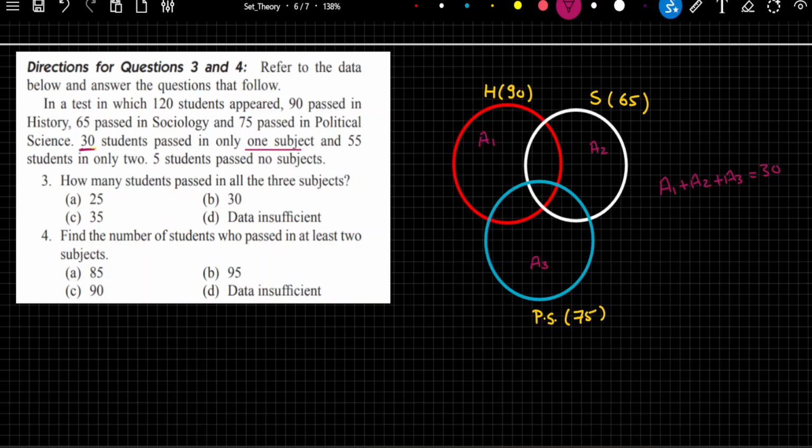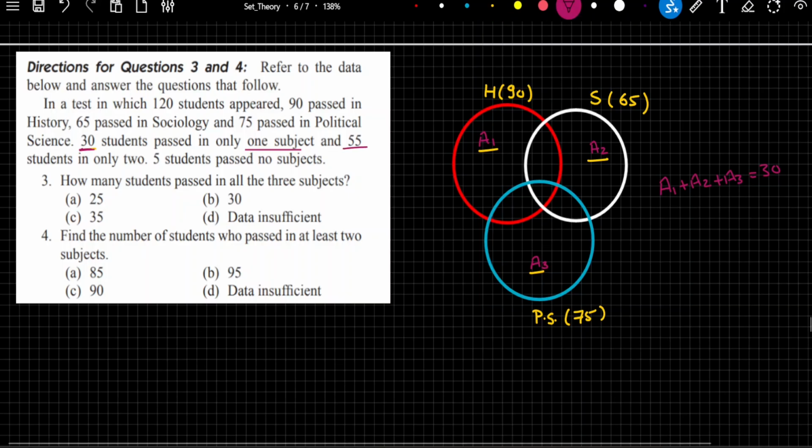Look at what it is saying: students who have passed in only one subject, these total 30. So if I ask you what area 1 is representing, area 1 is representing the number of students who have only passed in history. Likewise, area 2 is representing the number of students who have only passed in sociology, and area 3 is representing the number of students who have only passed in political science. And the sum of the 3 is 30.